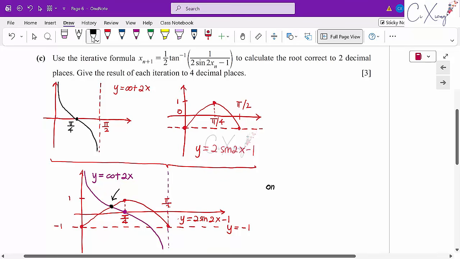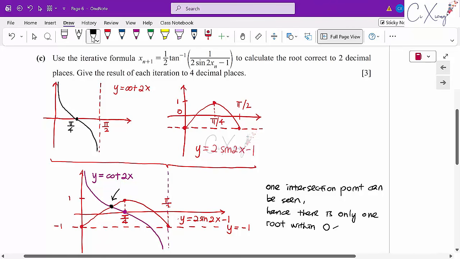You can say that we have only one intersection point that can be seen, so we have only one root within the range or the domain that we draw. Right, so this is how we solve the question for 2 marks.